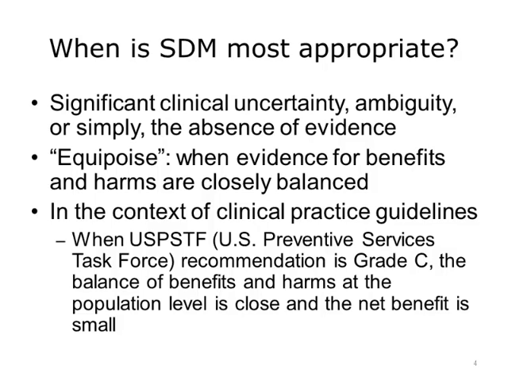It can also provide the structure for providers to discuss clinical practice guidelines, particularly guidelines with U.S. Preventative Services Task Force Grade C recommendations, to say that at the population level, the balance of benefits and harms is very close, and the magnitude of net benefit is small.